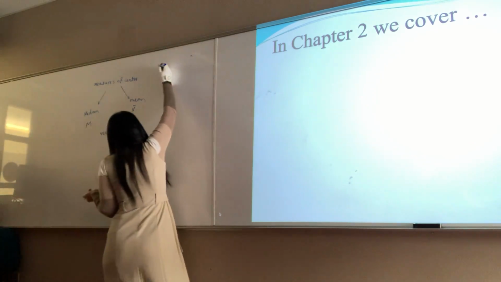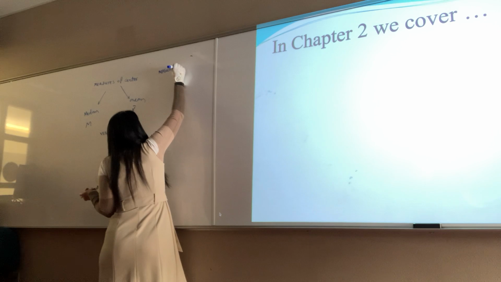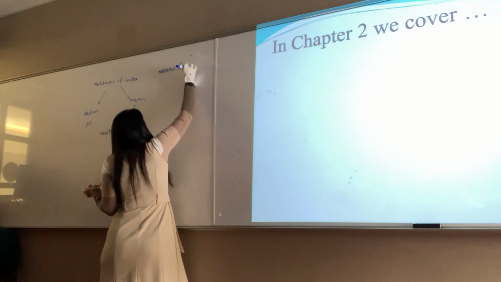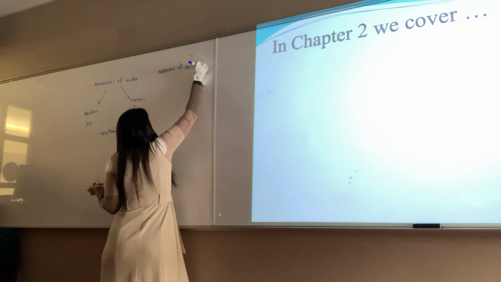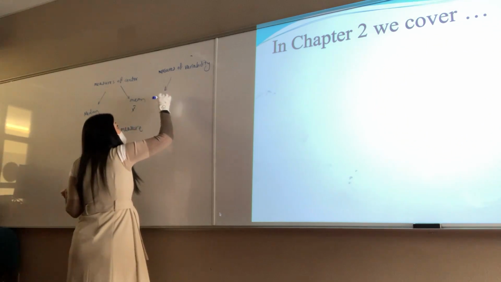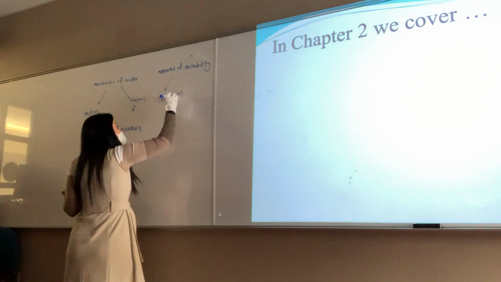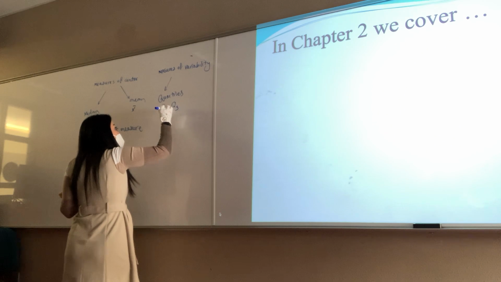But after that, we are going to talk about measures of variability. And then I'm going to talk about one of them, actually two of them, because I'm going to write down quartiles. Q1, Q3.